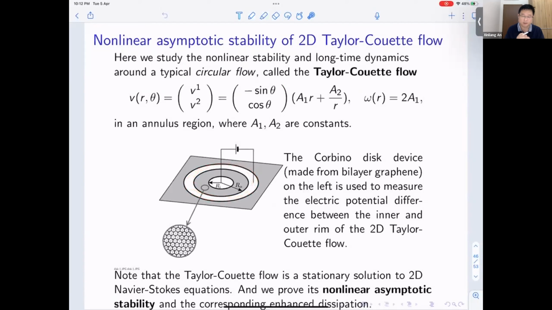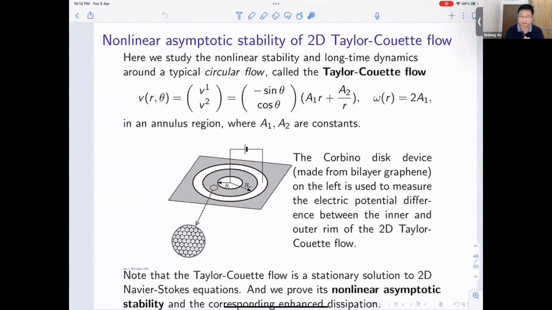This will be the flow. We use the resolvent estimate and pseudospectral bound to show the nonlinear asymptotic stability of this flow.